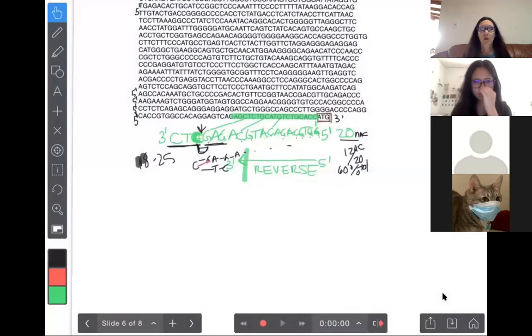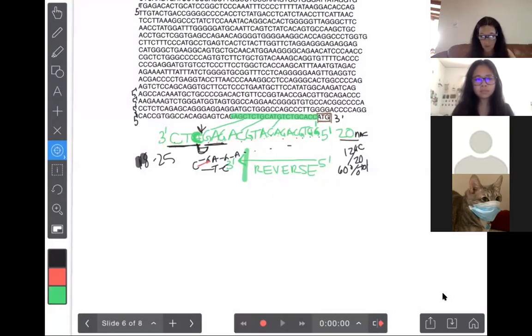What I'm talking about is this primer that I drew, which is left to right 3' to 5', because I had to make it complementary this way. So now I need to change that sequence to be in the 5' to 3' direction, reading left to right.